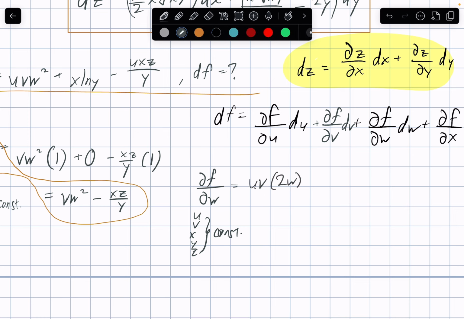W squared becomes 2w. X and y are still constants, so 0. u, x, z over y is going to be 0. There's no w in it. So 2uvw. That's it for partial f over partial w.